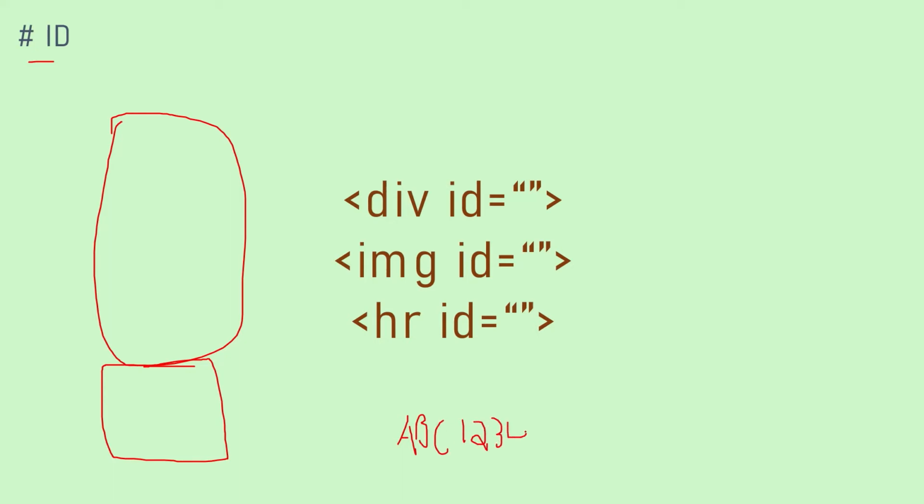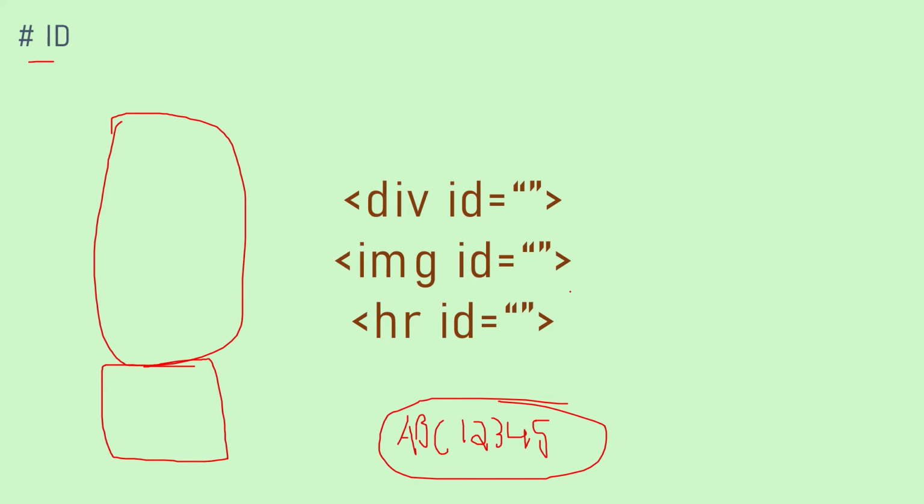Let's say that is your admission number. That won't be the same for another student because the admission numbers of students will be different. They'll be unique. None of them will be repeating, right?